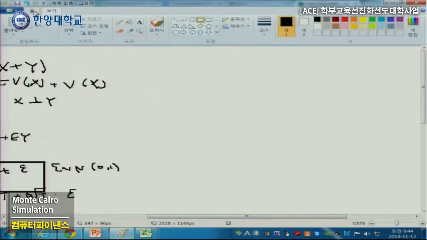For any asset, not only derivatives, let's say V0 is today's asset price.